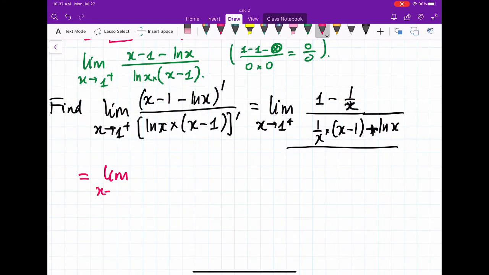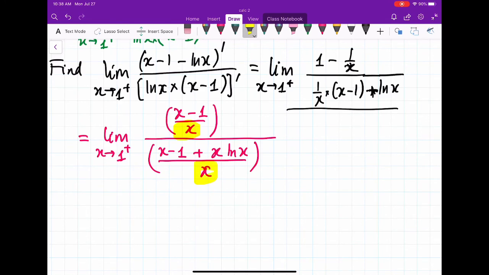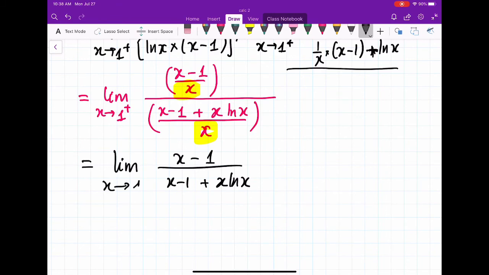Limit of x approaches 1 plus. On the top, I have x minus 1 over x, right? In the bottom, we have x minus 1 plus x ln of x over x. And you can see we can simplify x. That is limit of x minus 1 over x minus 1 plus x ln of x when x approaches 1 plus.